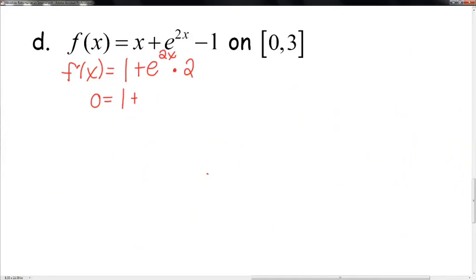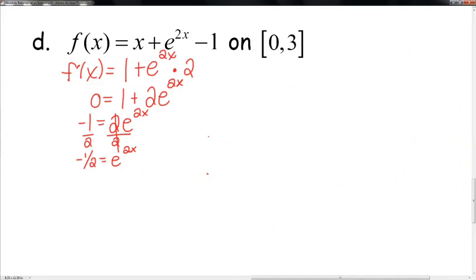So 1 plus 2e to the 2x. So I'm going to say that negative 1 is equal to 2e to the 2x. Divide by 2. So I have negative 1 over 2 is equal to e to the 2x.